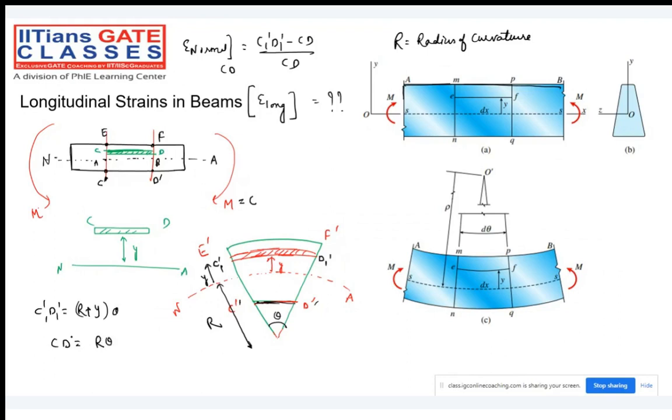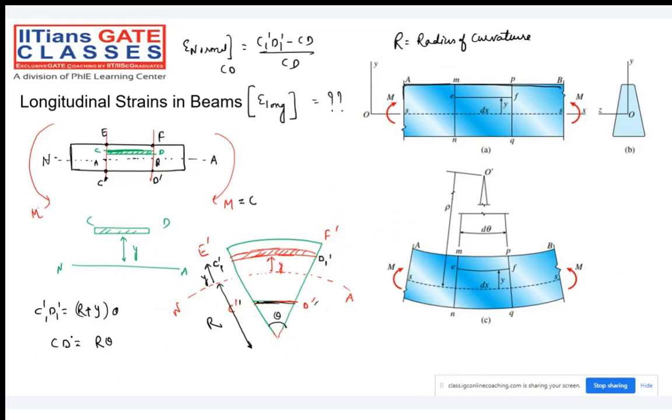Check it out. Why are we able to write CD as R theta?